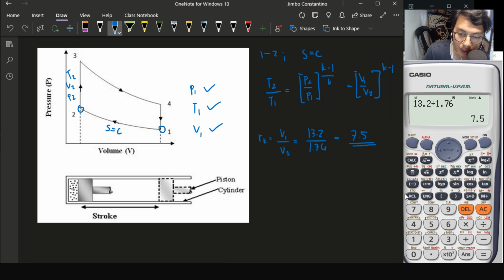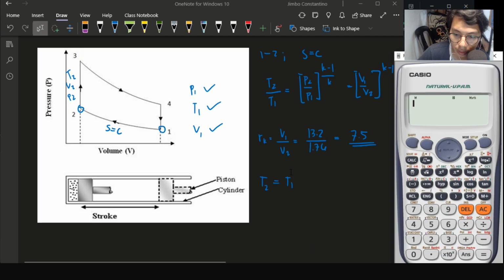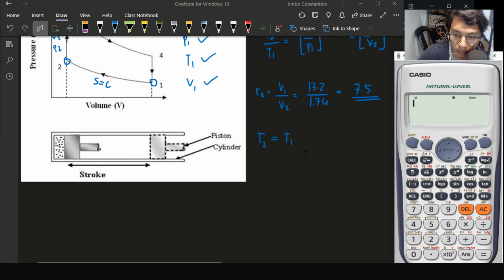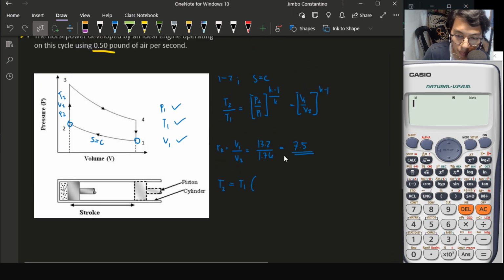Masolve na natin si T2. T2 is equal to T1 multiplied to RK raised to K minus 1. T1, wala naman binigay dito. Then K should be 1.4.